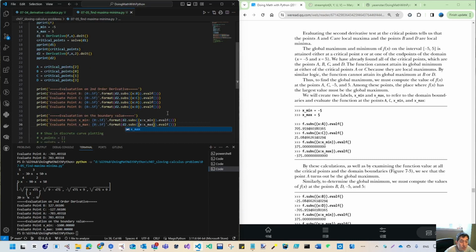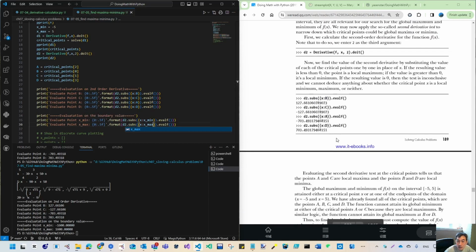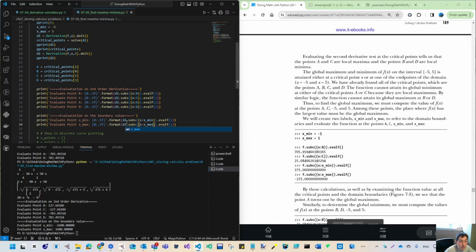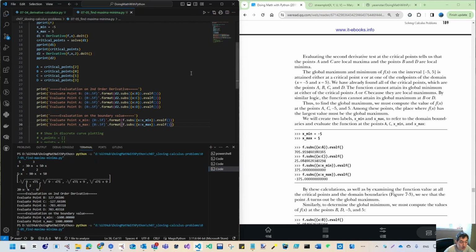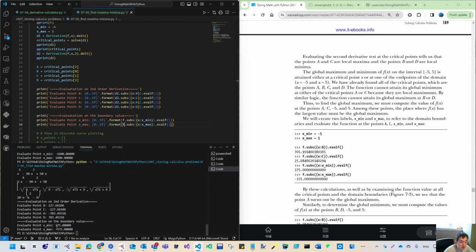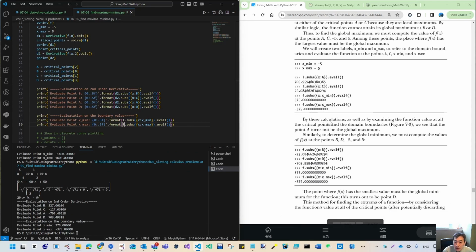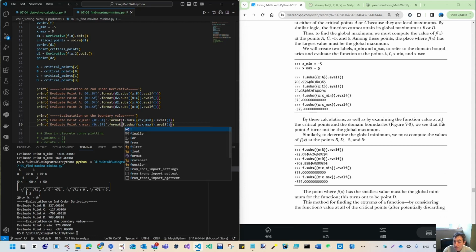I transfer this d2 subs x. This should be the f, not the second order. Okay, so 375 minus 375. By this calculation, we examine the function value at all the critical points. You should have the local maximum and local minimum.